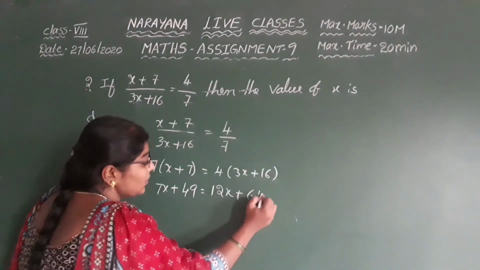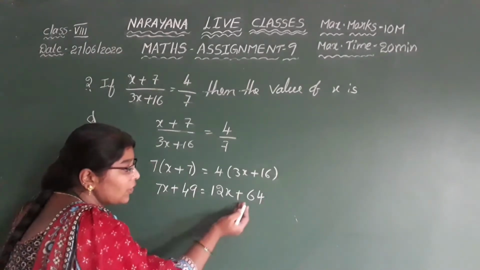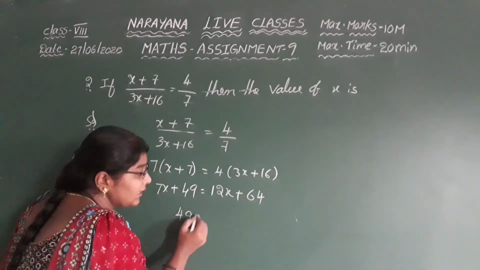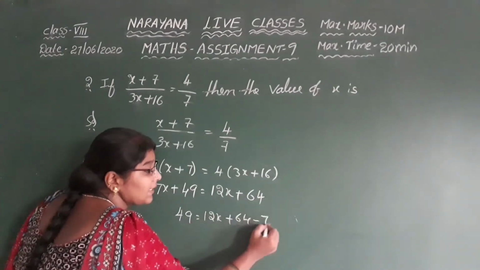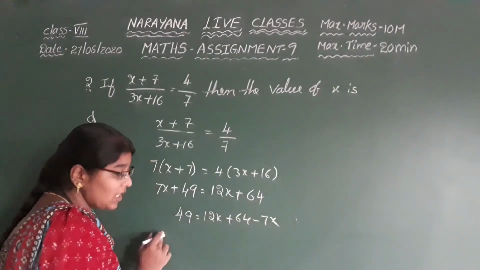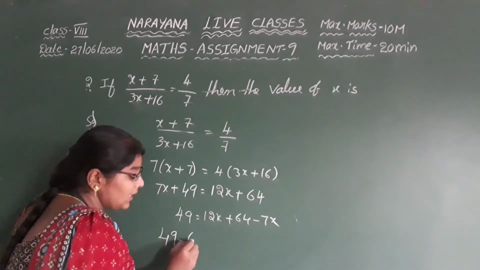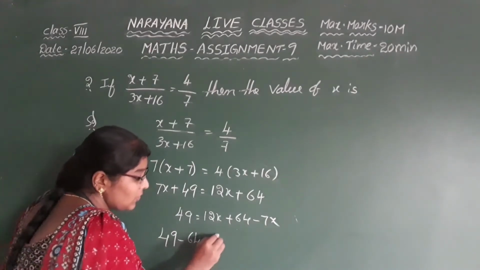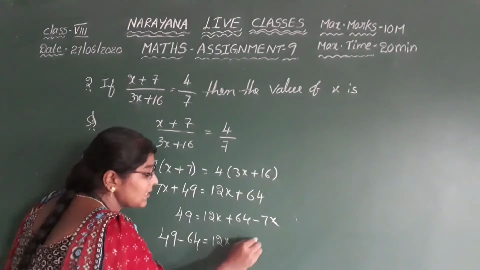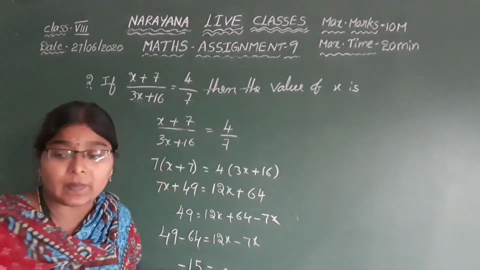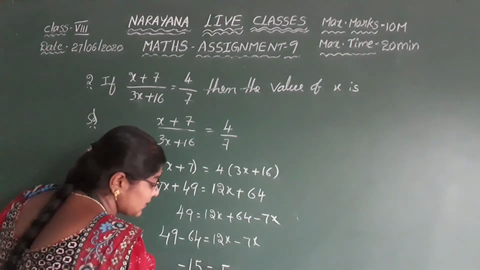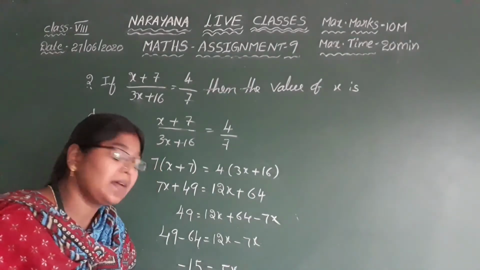So 49 = 12x + 64 and the 7x going to that side means minus 7x. And the plus 64 comes this side means 49 minus 64. So 12x minus 7x means 5x.